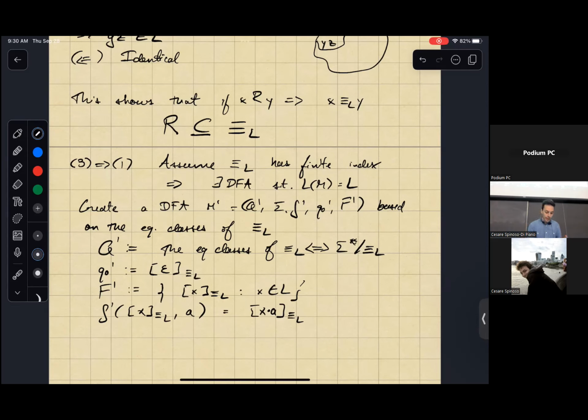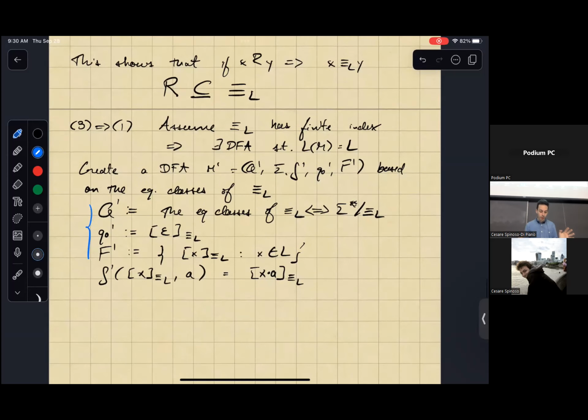You might be asking yourself, is this really well defined? Because I've defined this machine, maybe some would say arbitrarily. There might be one problem. To transition from one state to another, I have to look at equivalence classes of the Myhill-Nerode relation, but those equivalence classes have representatives. In this case, I picked as representative x.